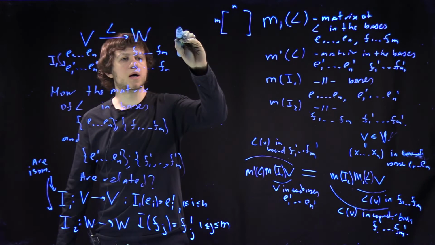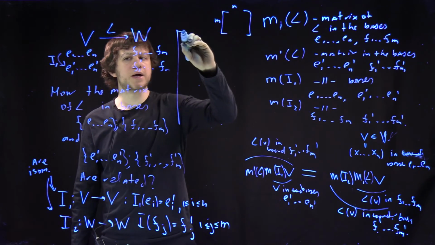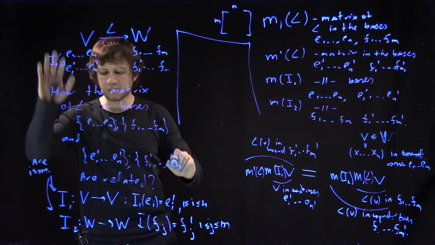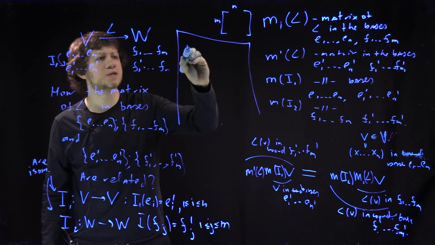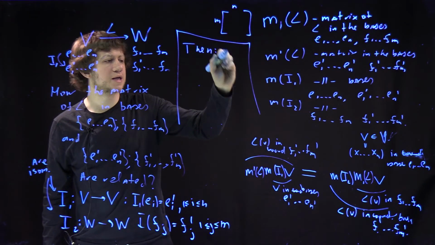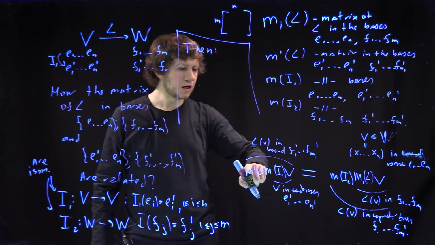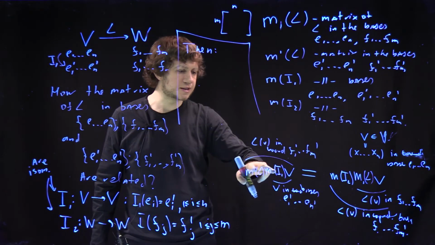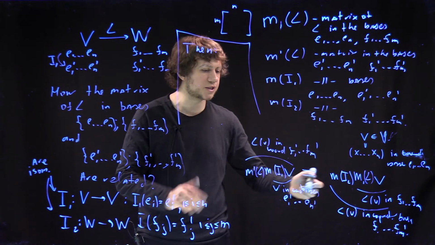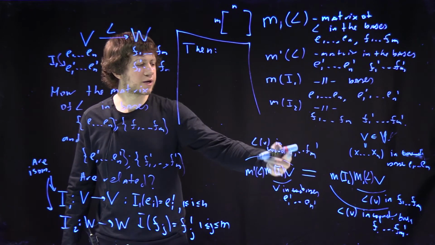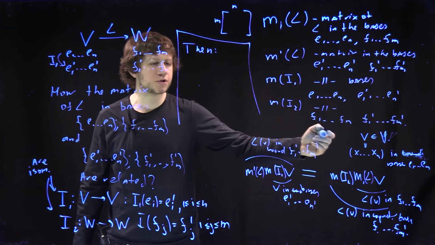So basically, if we have these two maps with these matrices, we know that this is equal for any vector. Thus the maps agree, the matrices agree. You can just check it by taking vectors 1, 0, 0, 0, and so on.